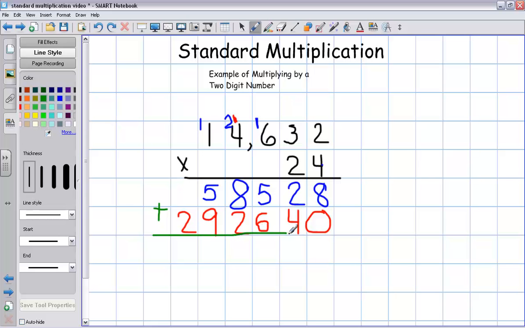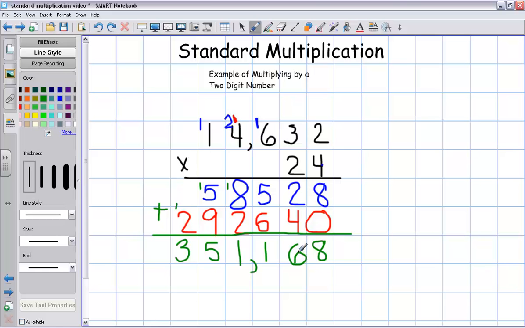Now I'm going to need to add my numbers together to get my final answer. So I'm going to have 8 plus 0 is 8, 2 plus 4 is 6, 5 plus 6 is 11, carry my 1, 8 plus 2 plus 1 is 11, this gives me 15, regroup again, I have 3.